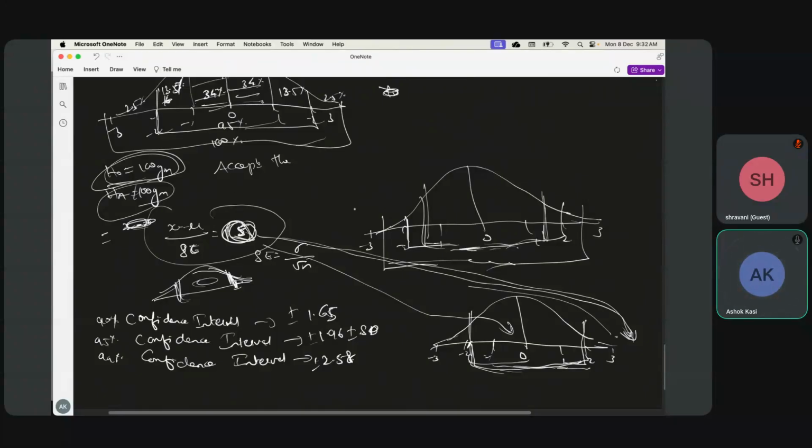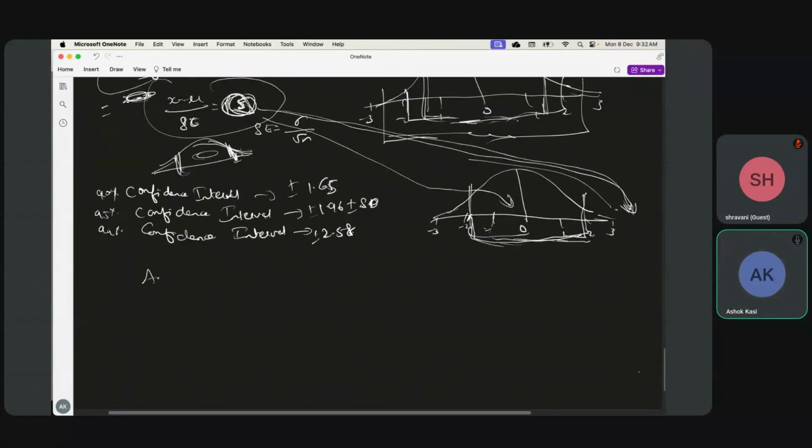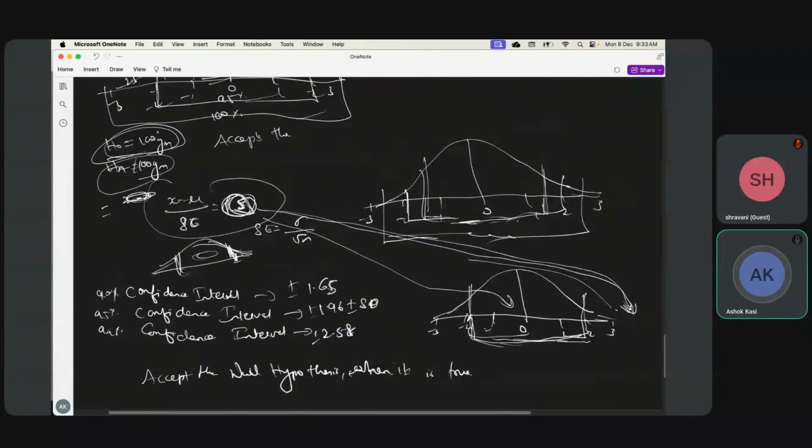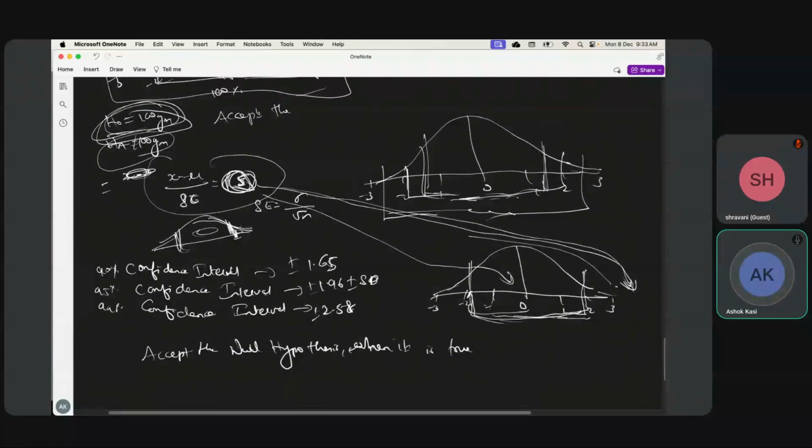Now there can be 4 outputs. One is accept the null hypothesis when it is true, that means it is 100 gram and we are also accepting that it is 100 gram. Ideally, the researcher will not believe in this one, right?